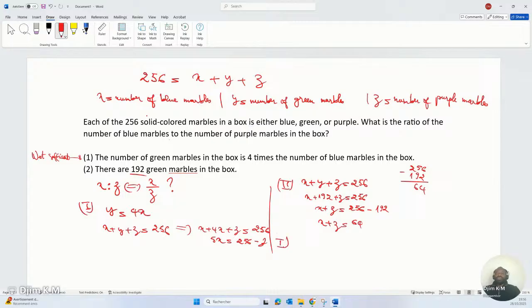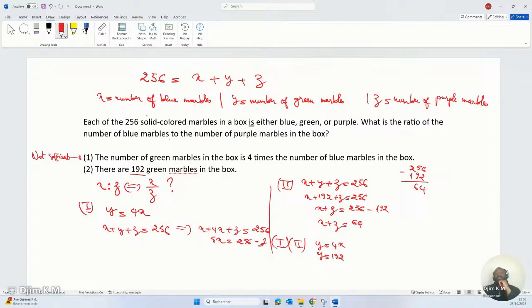So now if we combine the two, we know that from the first condition, y is equal to 4x, and the second condition says that y is equal to 192.